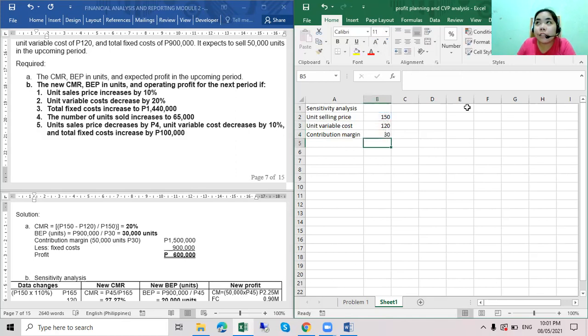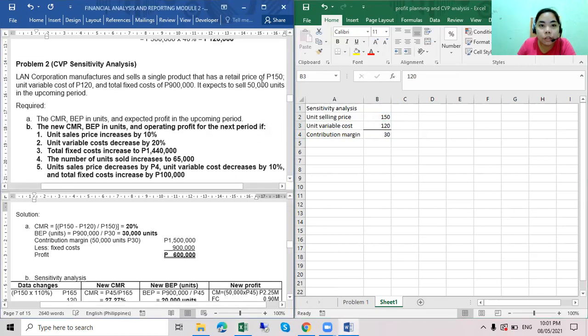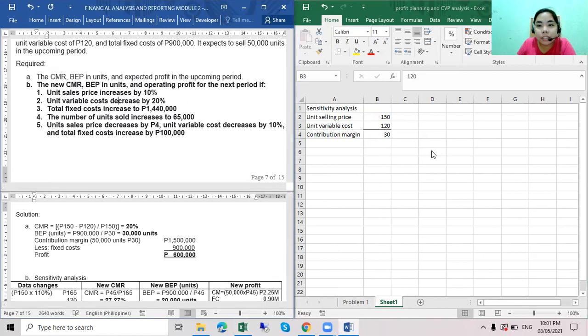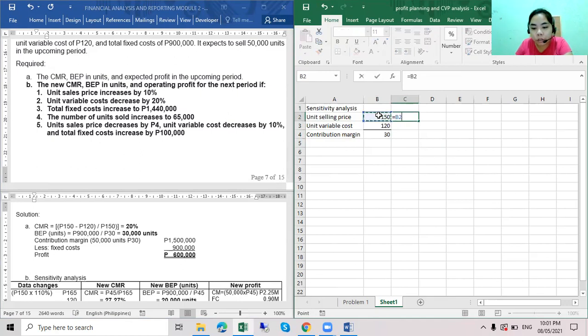This is the original setting, the original 150, 120. No changes yet. So 150. If we get the percentage so you can see, 100% percentage. Then we divide this and we simply subtract. So unit selling price represents 100%, variable cost is 80%, so your contribution margin is 20%.